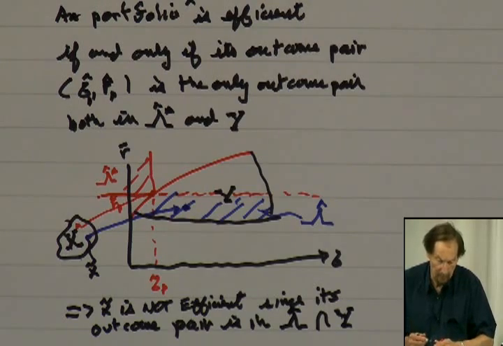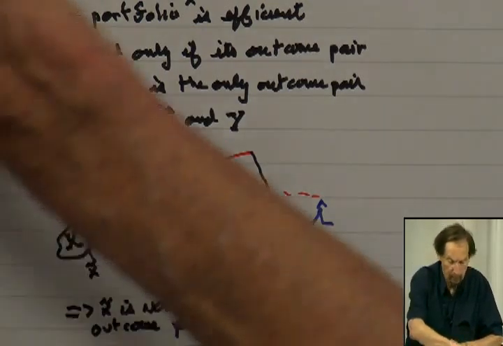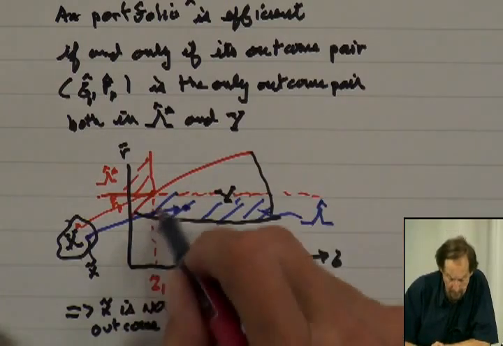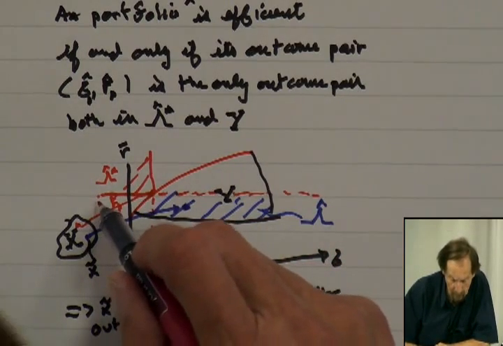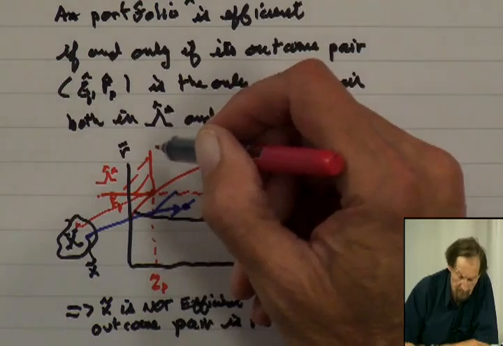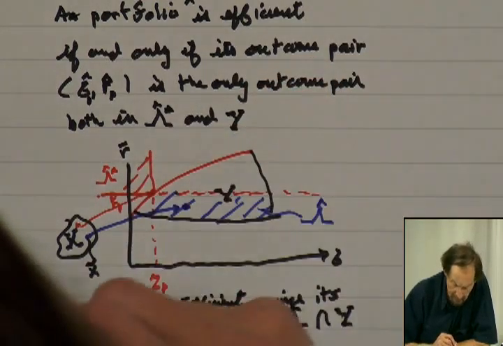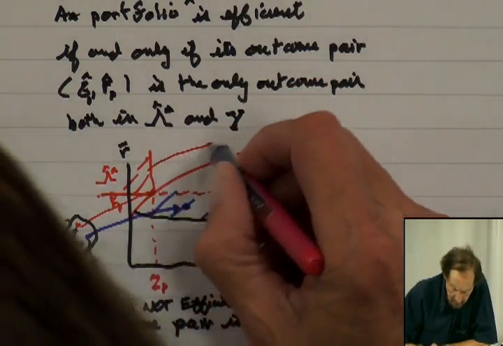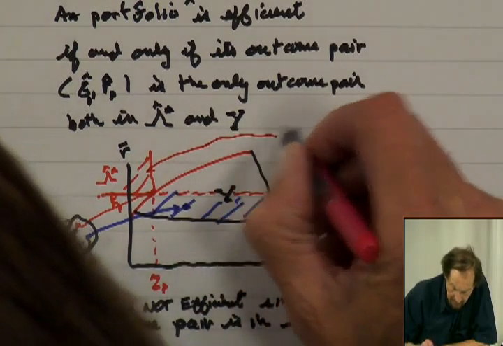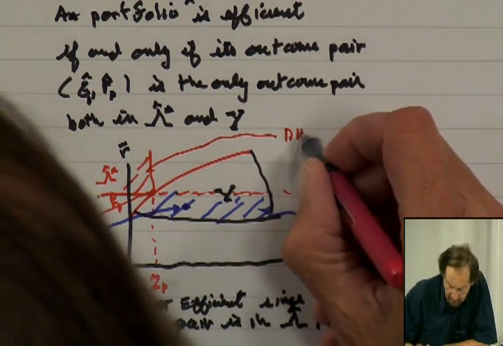Remember, when you're going up, we have lower risk, higher expected rate of return. So you can think of this part as a direction of increase.